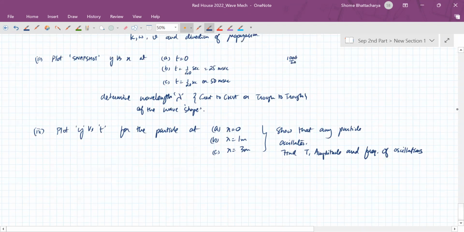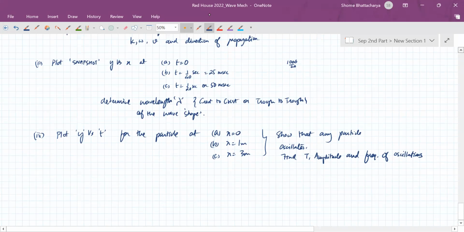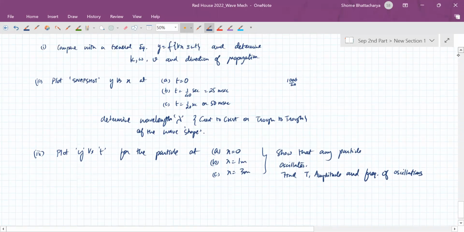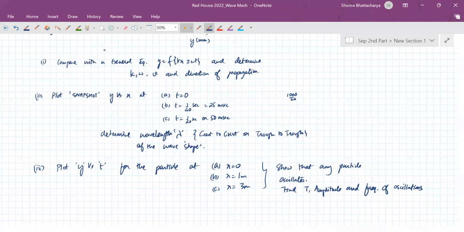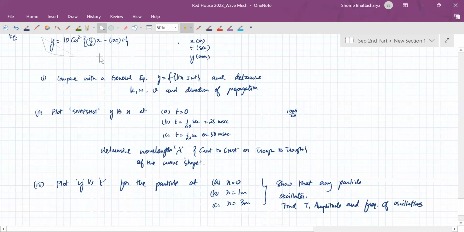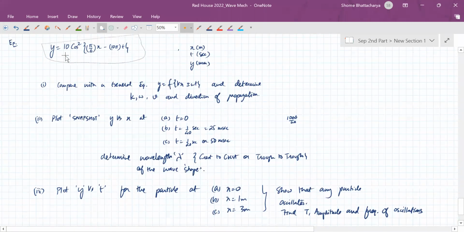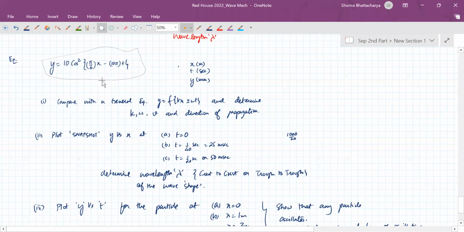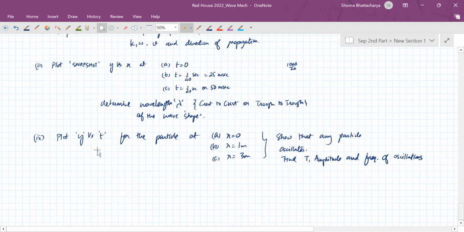Okay, so first of all, we can see that the given equation, when you compare it with the standard equation of the wave, you can see the values of k and omega, and also you can see that the algebraic sign between them is negative.